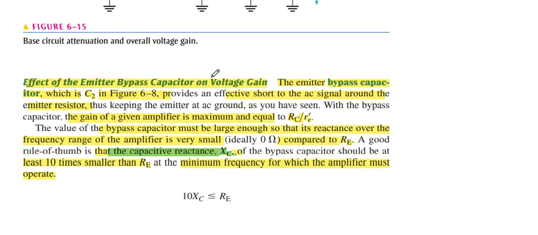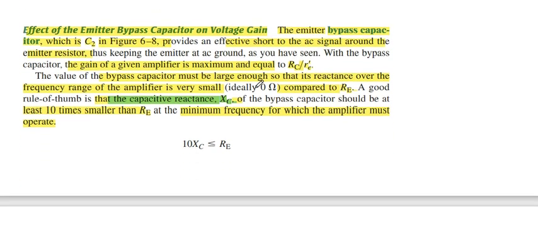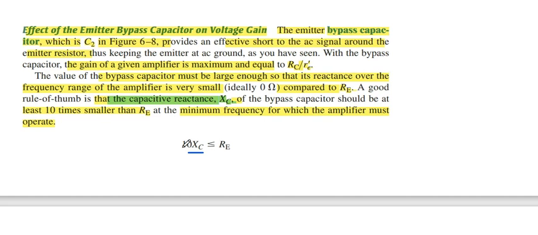Now we discuss the bypass capacitor of the voltage gain. What does the bypass capacitor affect? Xc is the capacitor reactance, and it is smaller than Re for good result.